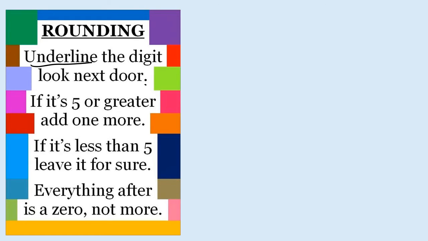So if I'm going to round 76 to the nearest 10, I'm working with the tens column, so I need to underline the digit in the tens column and I need to look next door. If it's 5 or greater, add 1 more.